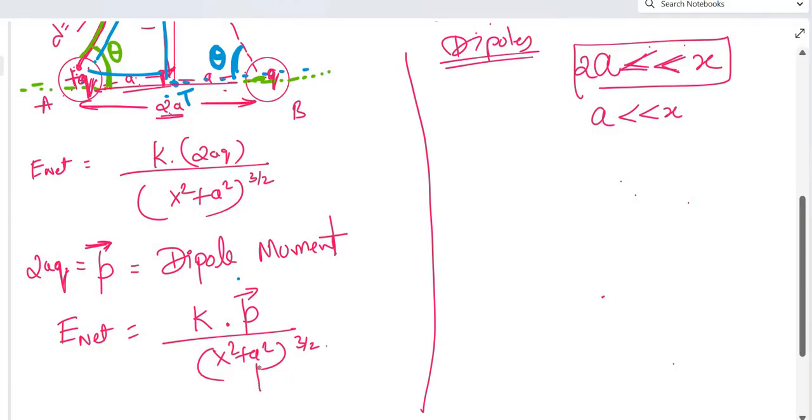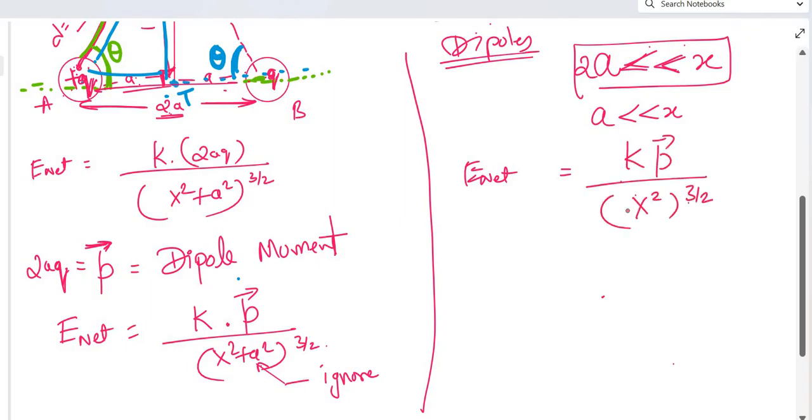If A is very tiny, A square will also be very tiny. We can ignore it. So E net will be Kp by x power 3 by 2, because this I have ignored. So this and this will cancel. So E net will be Kp by x cube.